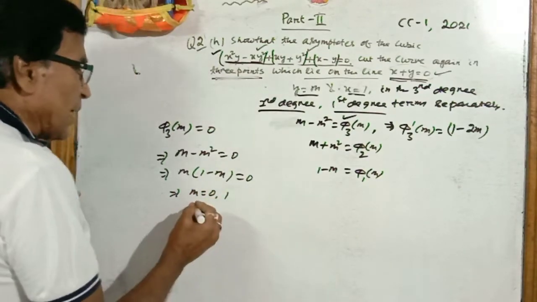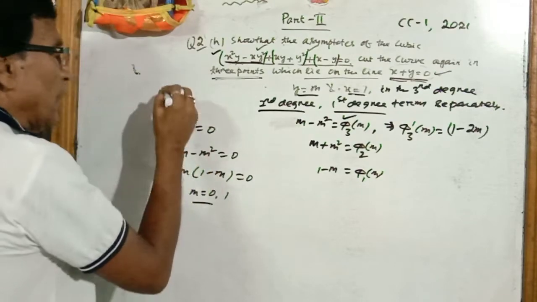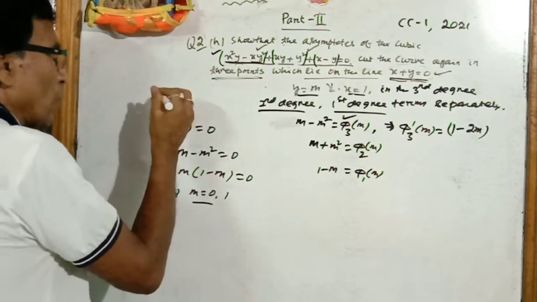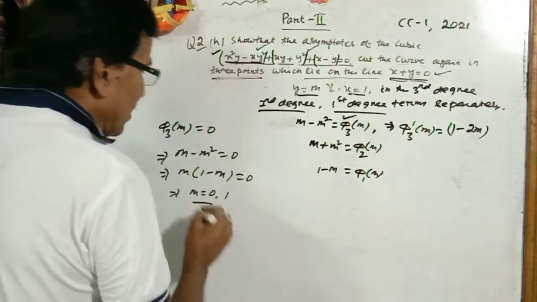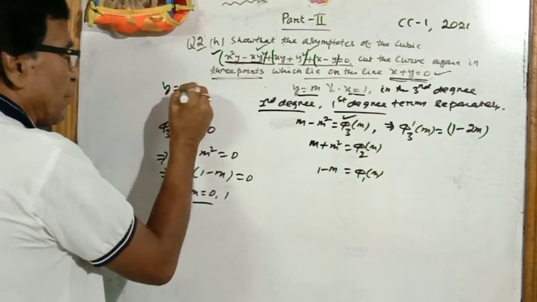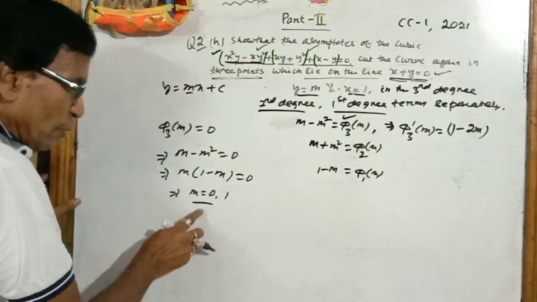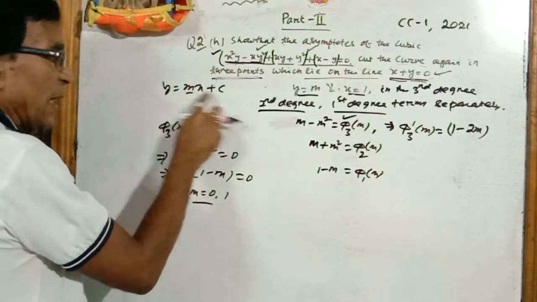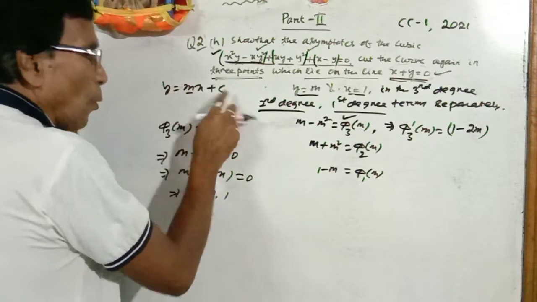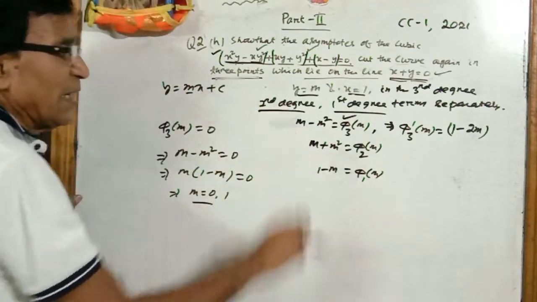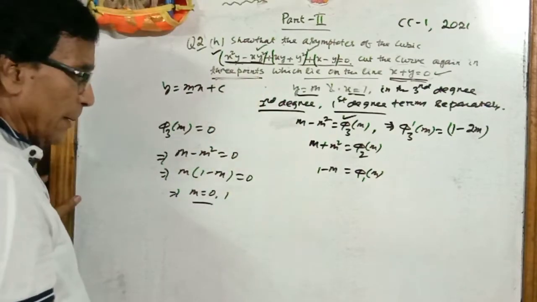Now here you see that if we take m is equal to 0, then oblique asymptotes cannot be found out, because if you take m is equal to 0, then the asymptote will be y is equal to c. Y is equal to c means it is a horizontal straight line that we have already obtained.